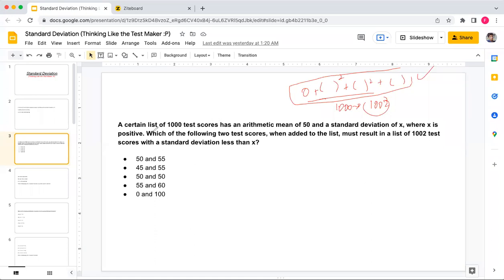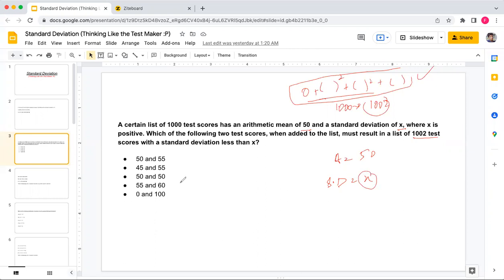In this question, we have a list of 1,000 test scores having an average of 50 and a standard deviation of X, where X is positive. Which of the following two scores, when added to the list, must result in a list of 1,002 tests with standard deviation less than X?